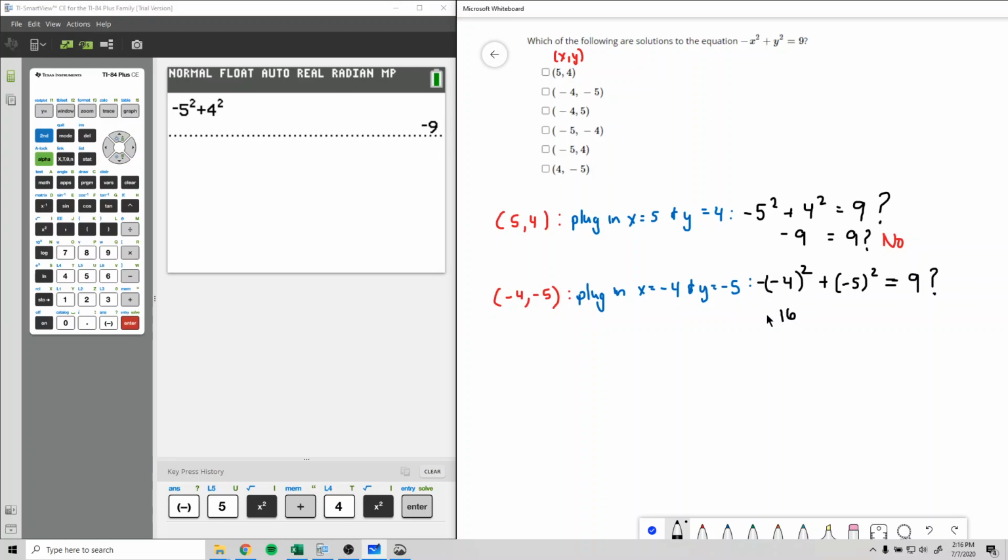But we have that negative out front, plus negative 5 squared, the negative will go away, 5 squared is 25. Is negative 16 plus 25 equal to 9? Yes, it is. So we would select this as one of our answers. It doesn't mean it's the only one. There could be many more, but definitely this one is.